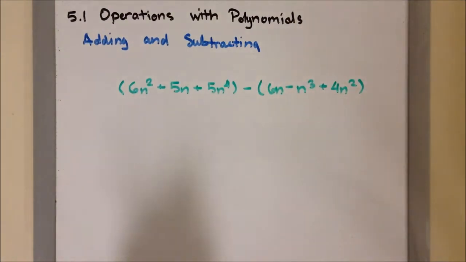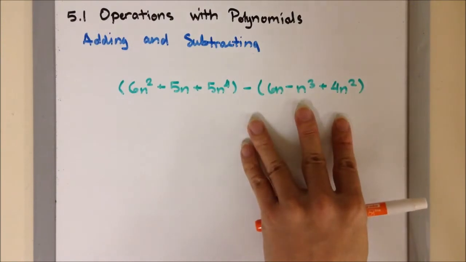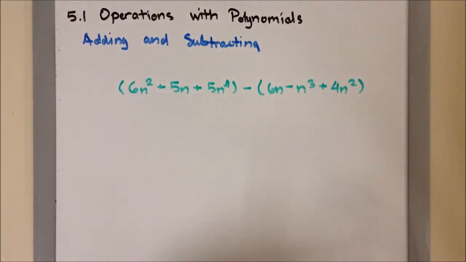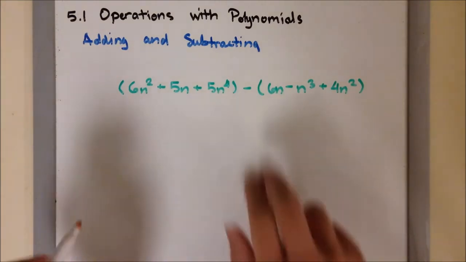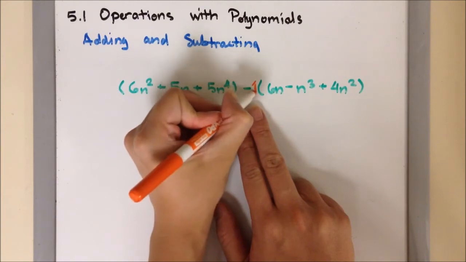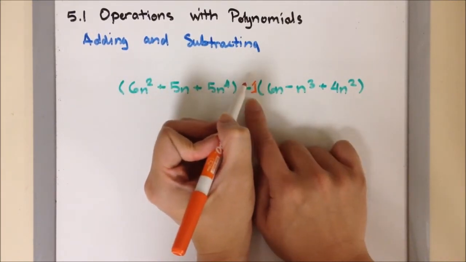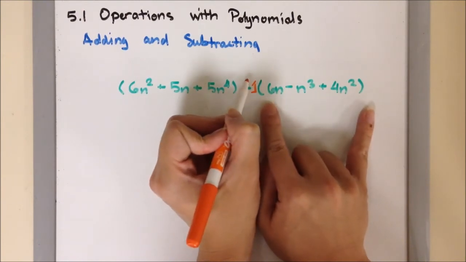Alright, in this second example, same process. 3-term trinomial minus another 3-term trinomial. So, with this example, I'm doing the same process. I have the invisible 1, and I'm going to distribute to the terms that the negative 1 is in front of this parenthesis.